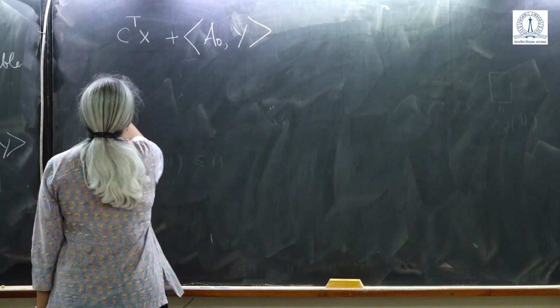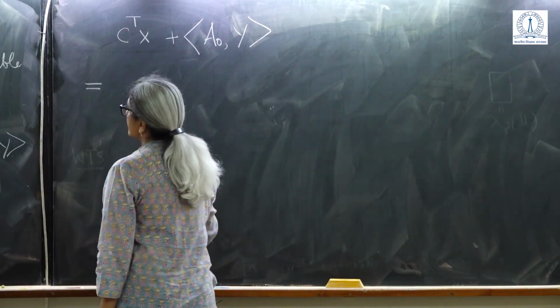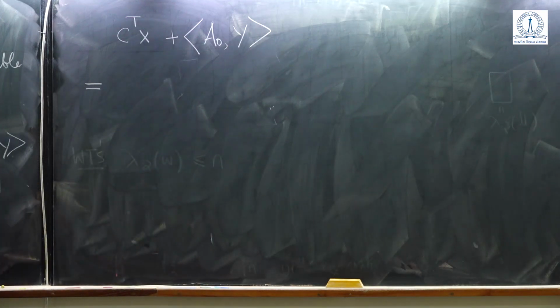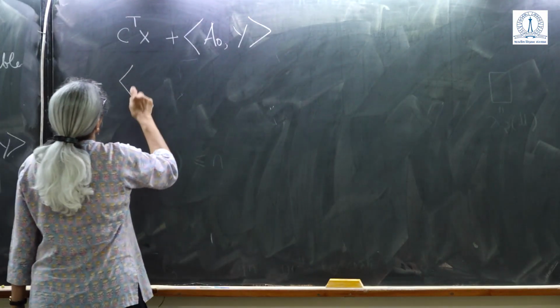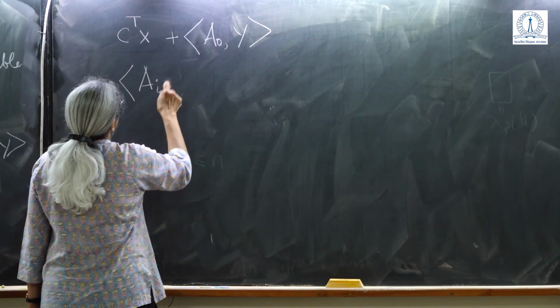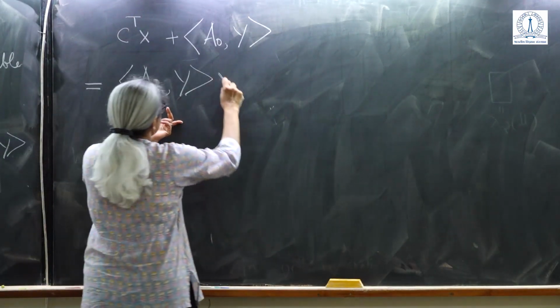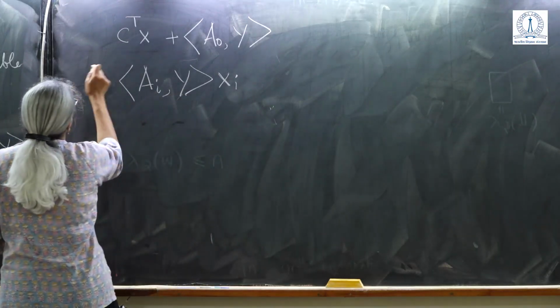Let's work with this. So what is this? Where's C? Remember, Ci is Ai dot y, so I can substitute for that. So this is Ai dot y, which is a number, times xi, summed.